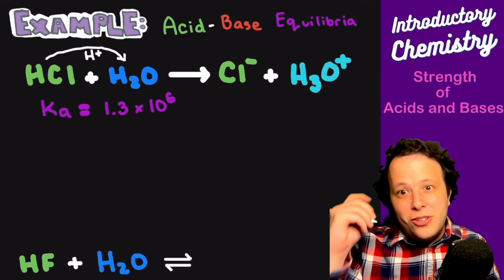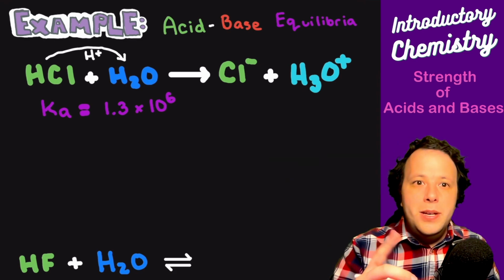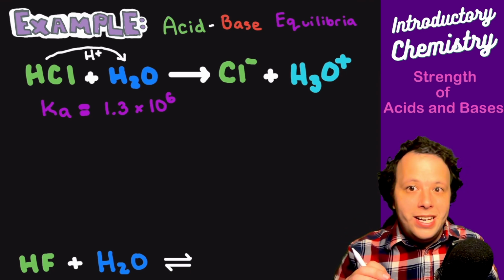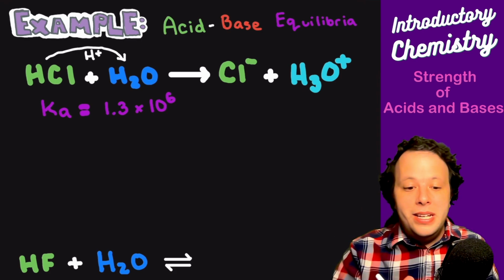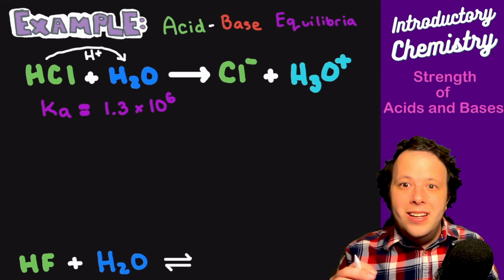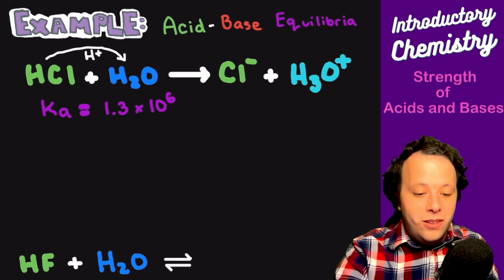Now, when we are trying to write out the Ka expression, given that I gave a value for Ka, with this one it's a strong acid. So notice that it's a very big number, 1.3 times 10 to the 6th power, right? That's telling you there are 6 zeros behind this, so it's over 1 million. It's very large.